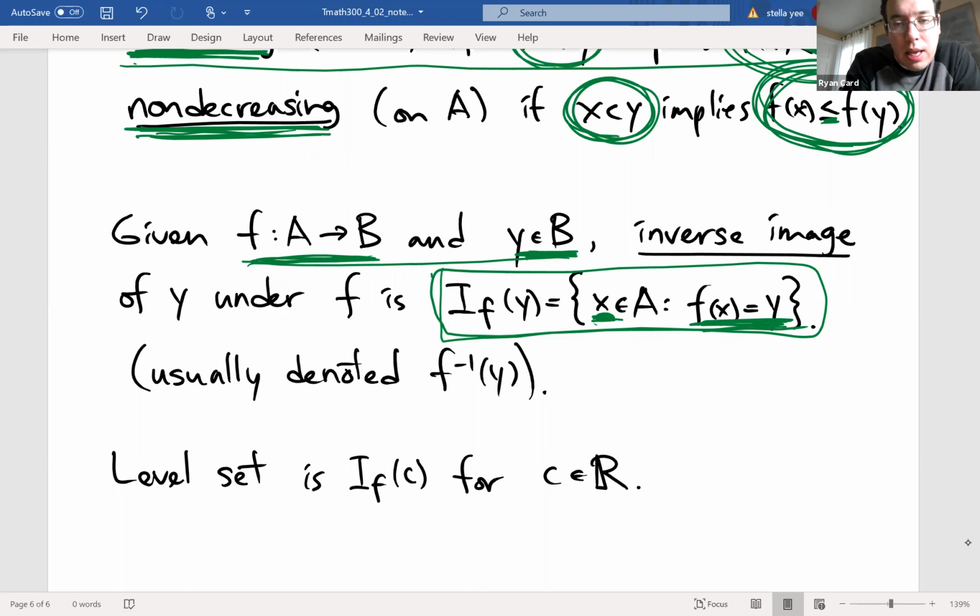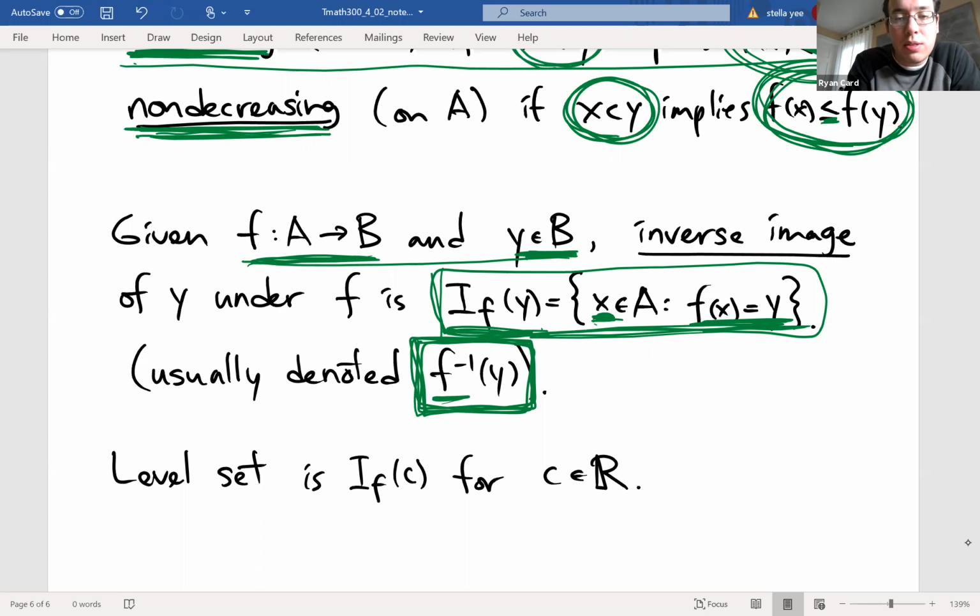And I've got to say, the notation that the book uses is a little bit unusual. Usually people use the notation f inverse of y to denote the set of all possible inputs that give you that output. But I do understand why the book chose to make this distinction. When you write it this way, it makes it look like this function is invertible and f inverse exists, right?